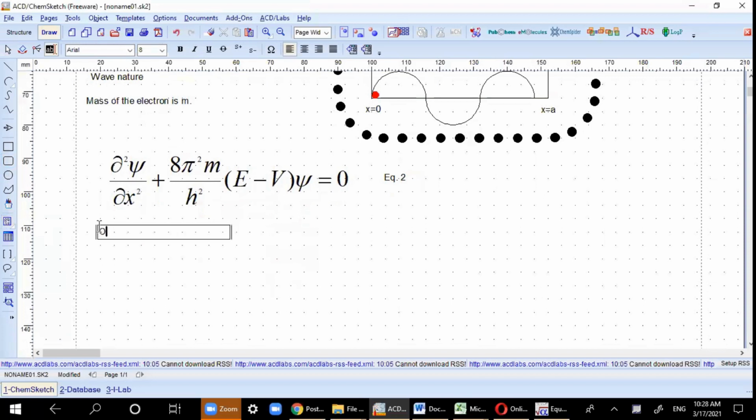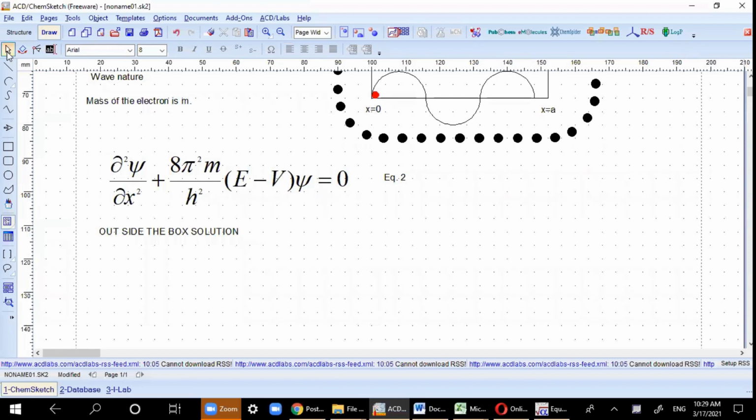What are the conditions outside the box? First, we are finding the solution for the wave function outside the box. The potential energy V equals infinity.